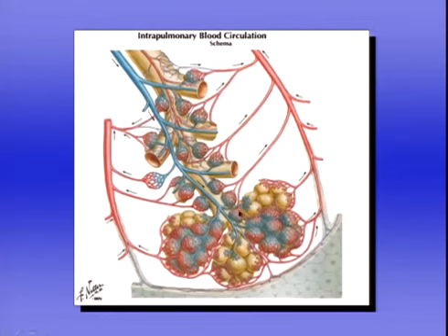The blood probably traverses 2 or 3 or 4 alveoli between the end of the pulmonary artery, where it branches into the capillaries, and where it's picked up and taken away in a pulmonary vein. And again, what the artist has shown is the small pulmonary artery in the center of the acinus here, and the pulmonary vein running back along the outside, as we've seen before.